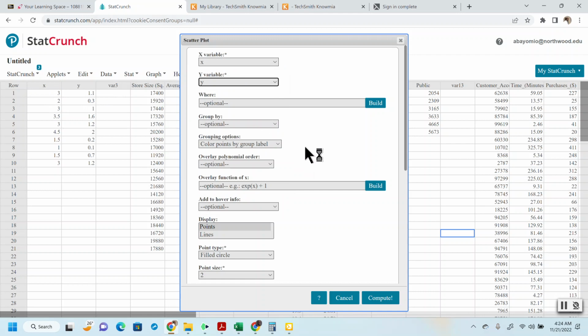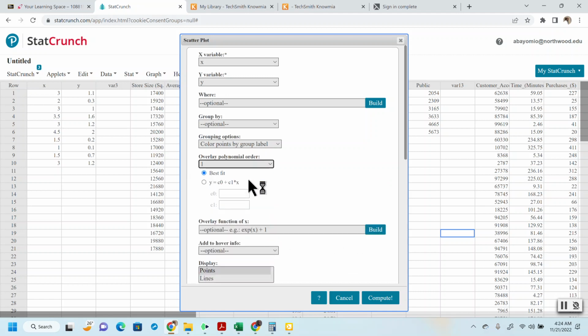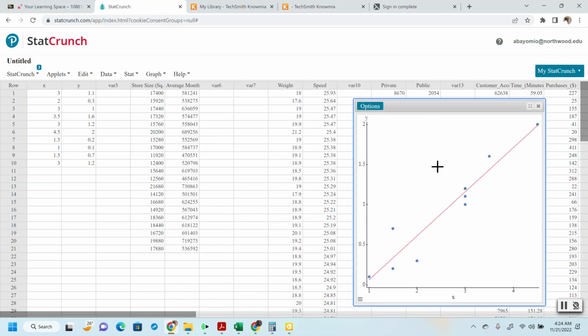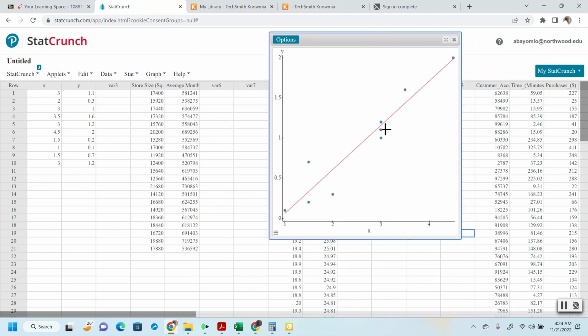Then I would like to plot the line that would show me the general trend. So I will go to polynomial order. I want polynomial order of order 1. Leave it as the default best fit and click on compute. So here we have the line of best fit in this case.